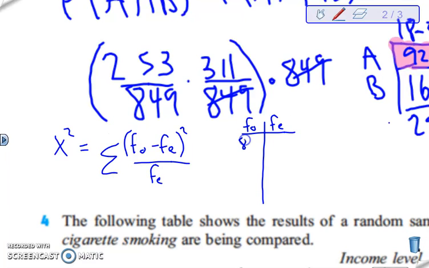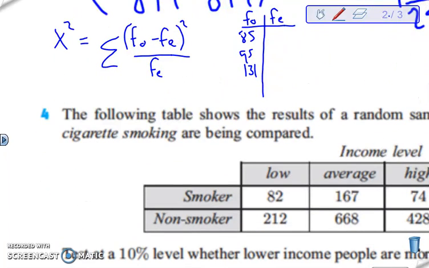So I would have 85, 95, 131, 168, 197, and 173. And then for the other one, I will use the values from my expected value table, going in the same direction that I did when I wrote these out.